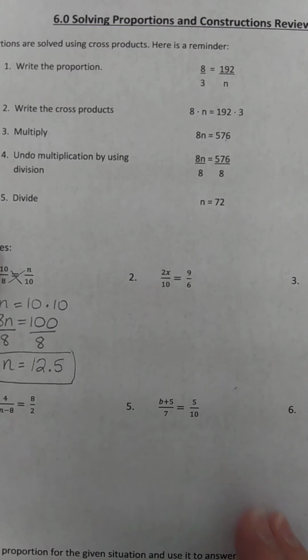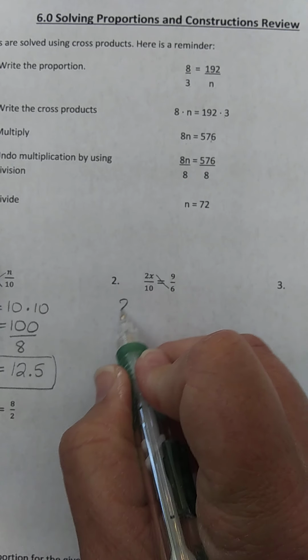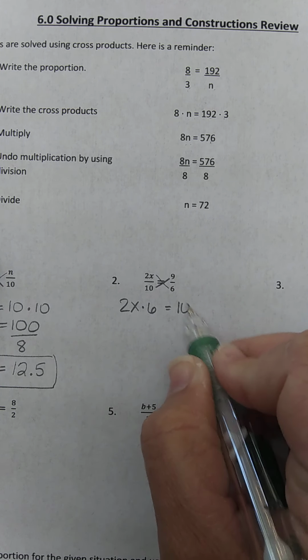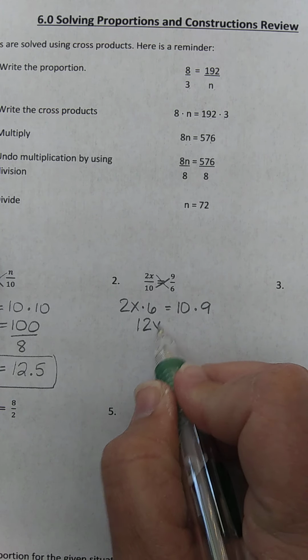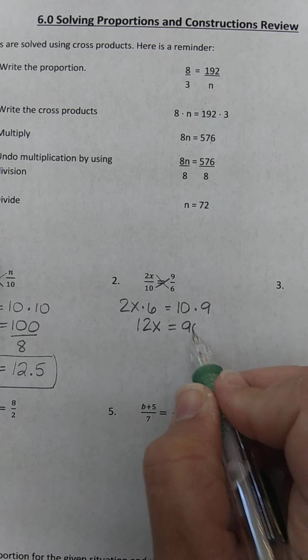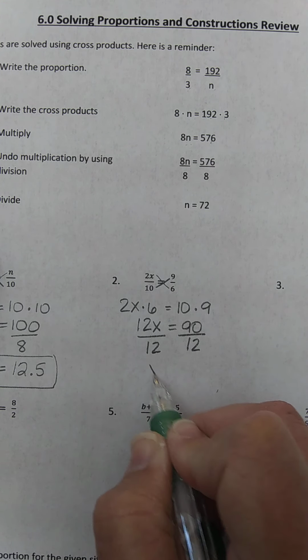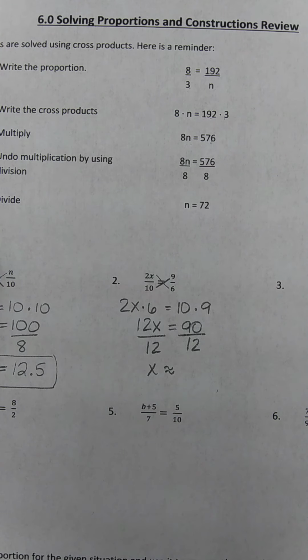All right, the second one, we have 2x and 6 as one of our cross products. And the other one, 10 times 9. So 2x times 6 would be 12x, and 10 times 9 would be 90. So to get x alone, we'll need to divide by that 12. And I guess I should have said on the other one, it equaled exactly 12.5.